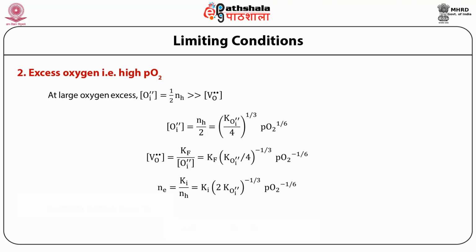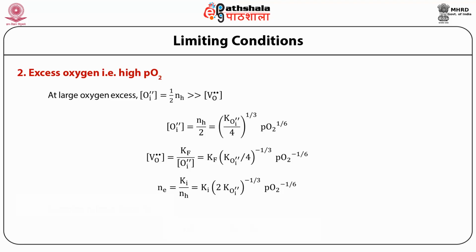So the equation for the concentration of VO double dot becomes Kf by OI double prime, which in turn is equal to Kf times KOI double prime divided by 4 to power minus 1 by 3 into PO2 to power minus 1 by 6.